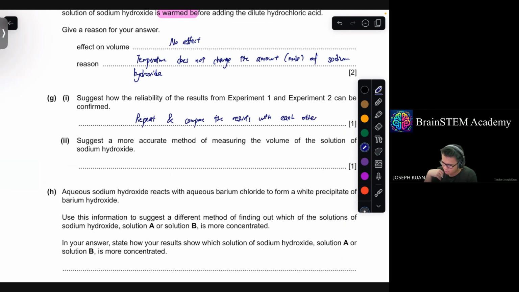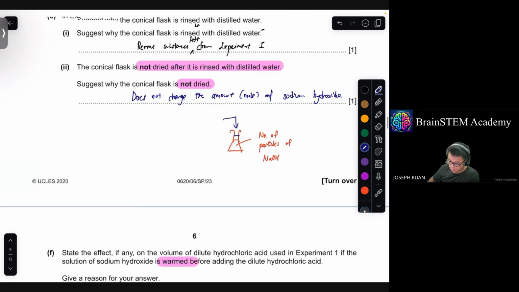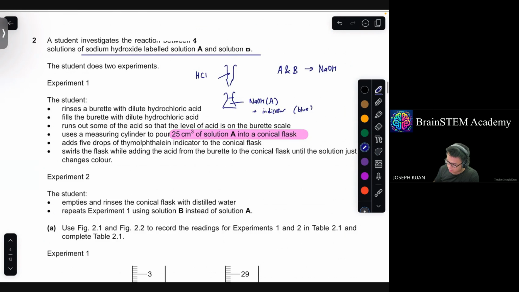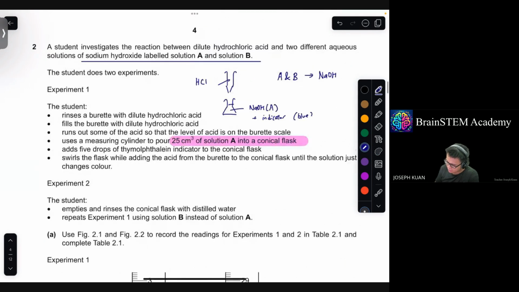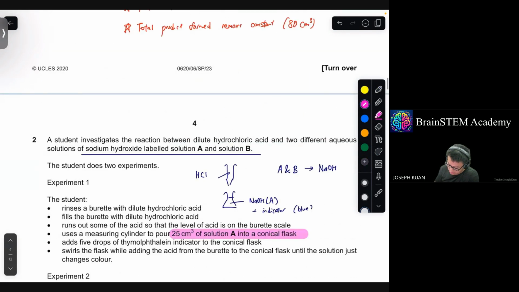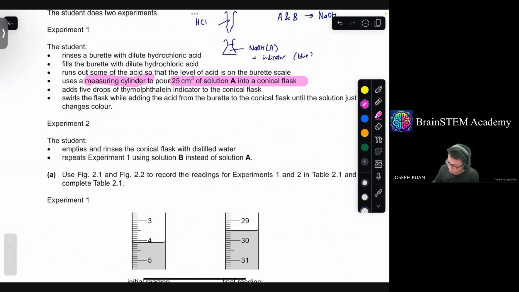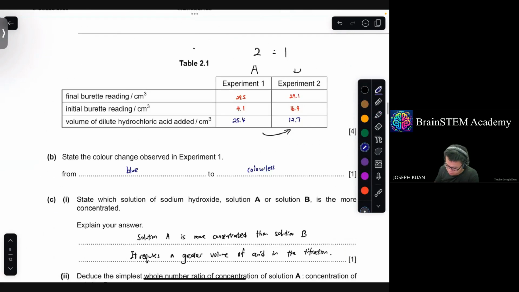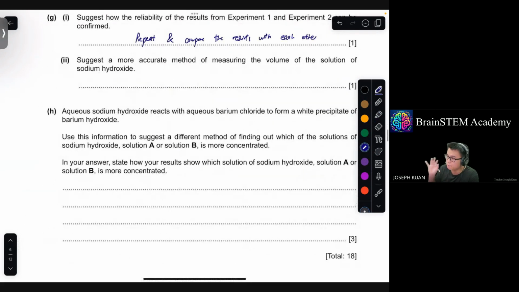Suggest a more accurate method of measuring the volume of the solution of sodium hydroxide. If you look at the question, the sodium hydroxide is measured using a measuring cylinder. Despite being easier to operate, it doesn't have the best accuracy. It will be better to use a volumetric pipette, or burette, actually.